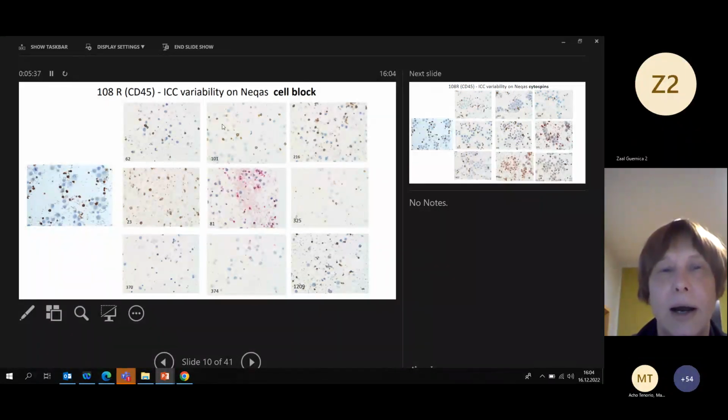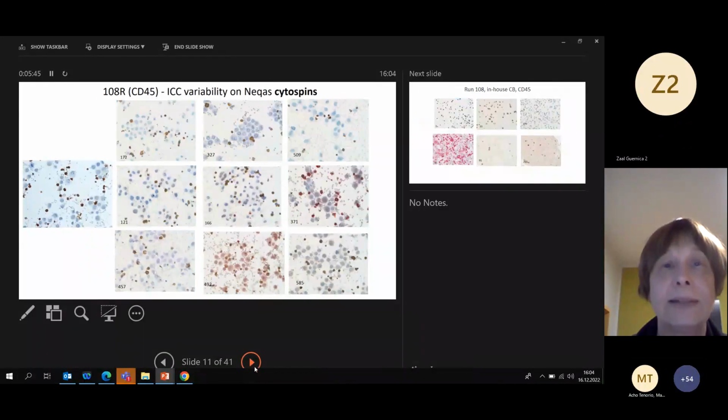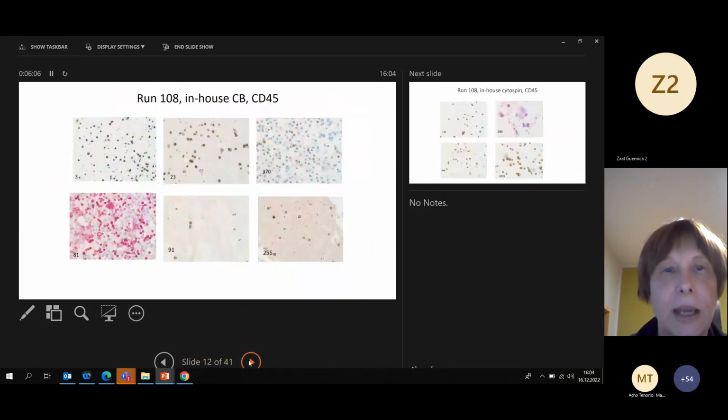Some of them achieve great results, but it seems that some of them have some problems. And the same variability can be seen also on cytospins prepared from the same cell suspension. Again, some laboratories have great results, good quality, and some laboratories have problems with non-specific staining and background staining.